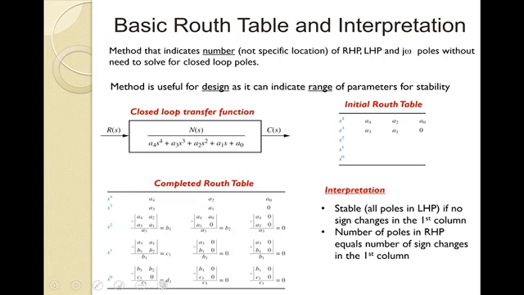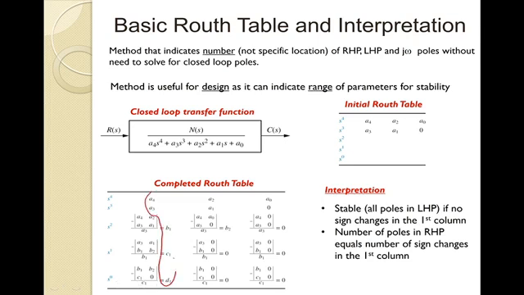Now that we have a Routh table, what are we going to do with it? Let's interpret what's going on. What was found as he put this table together is that you can say the system is stable, meaning all of the poles are in the left half plane, if no sign changes occur in the first column. So here's the first column.